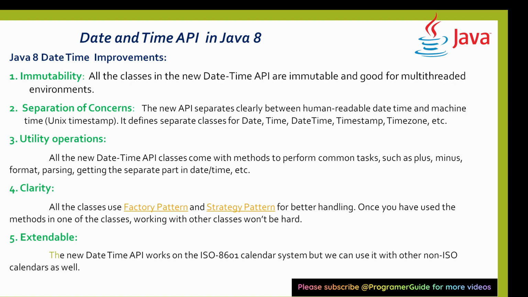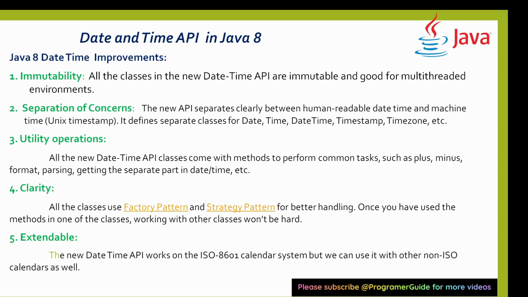Clarity: the Java 8 date API uses good design patterns, such as the factory design pattern and strategy design pattern, for better handling. Once you are used to the methods of one class, working with other classes won't be hard.